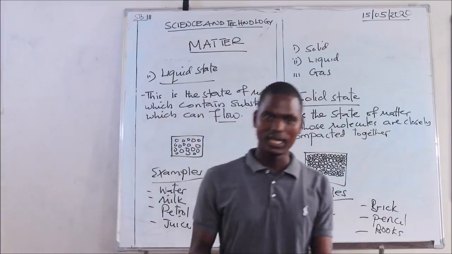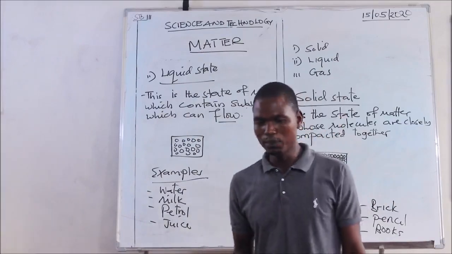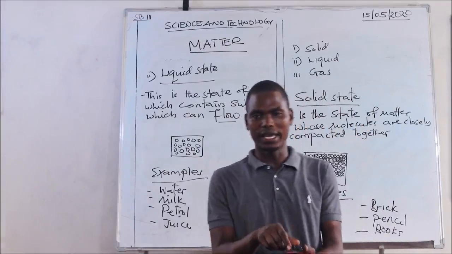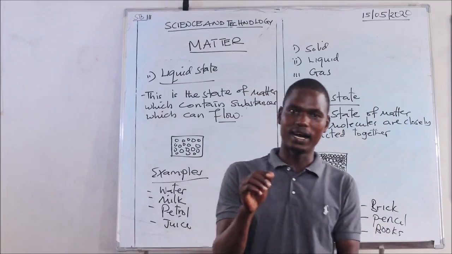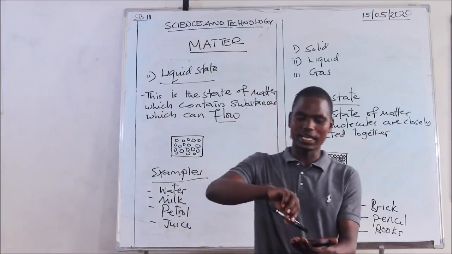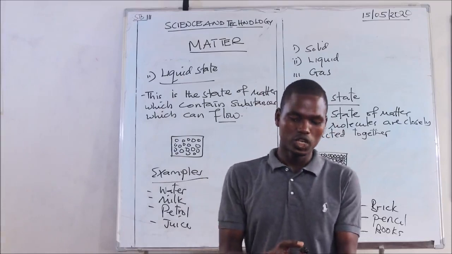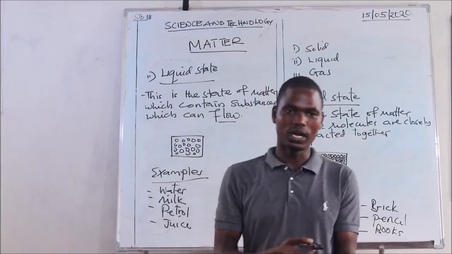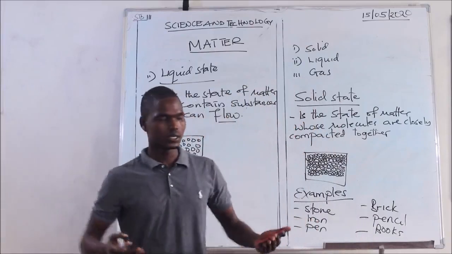For solid, the example that I am having here is this marker pen. If I put it down or on my hand here, it remains as it is. If I pour water here on my hand, water will not remain constant on my hand. It will start flowing and pouring down because its molecules are not together.